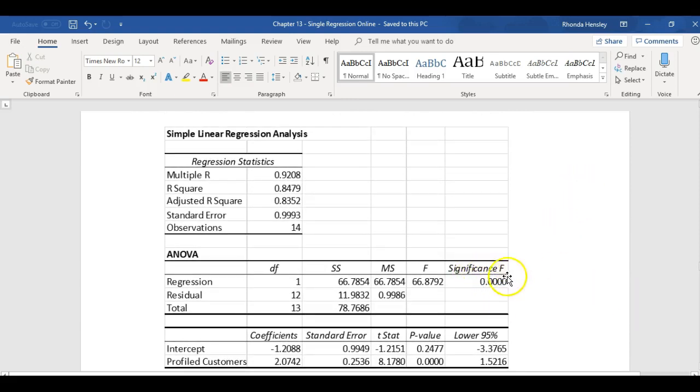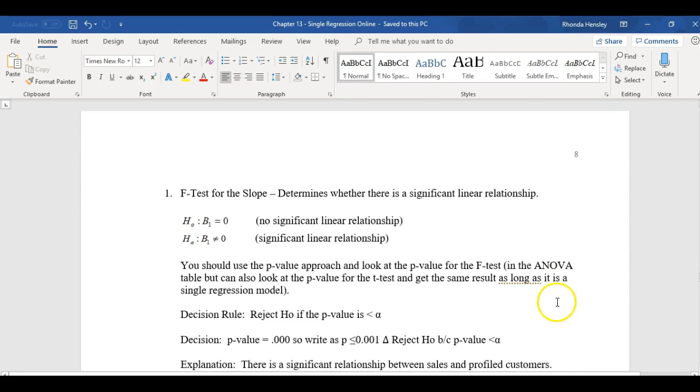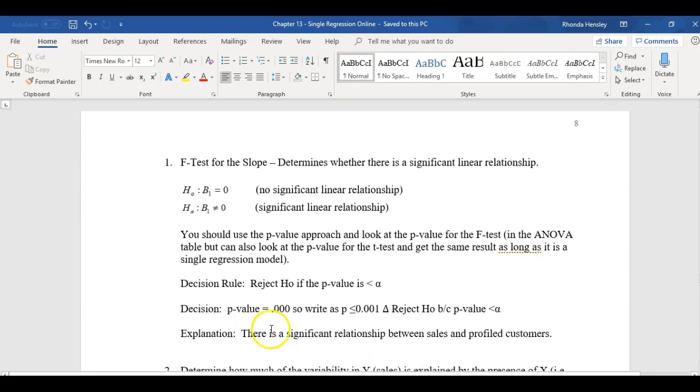Here under significance F, that's a p-value in your ANOVA table. And you remember we said that if we had 0.000, we would write it as p is less than or equal to 0.001. So just put a 1 at that last decimal that they show there.